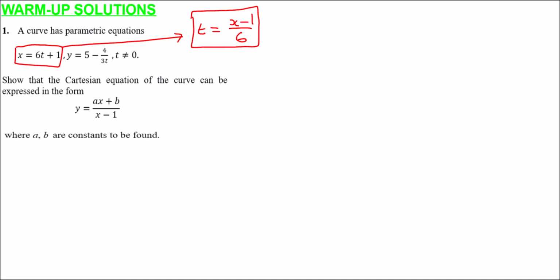What we have here for y is that y equals 5 minus 4 over 3t. But we know what t is now. If we substitute this in to the equation for y, we've got that y equals 5 minus 4 all divided by 3t, where t is x minus 1 over 6.